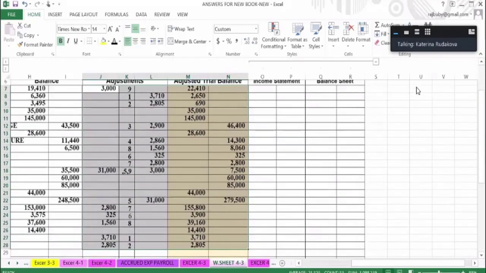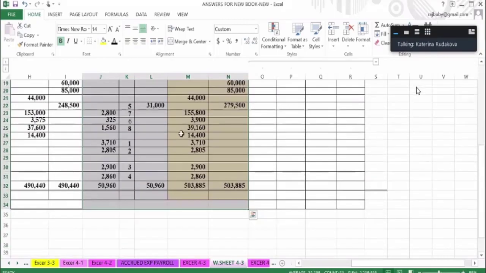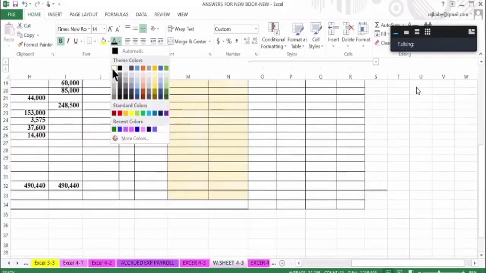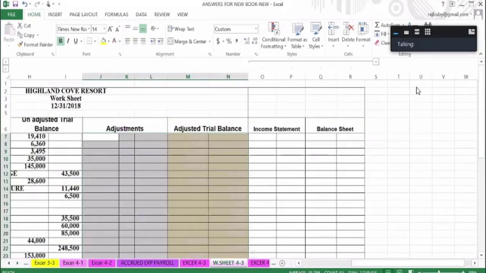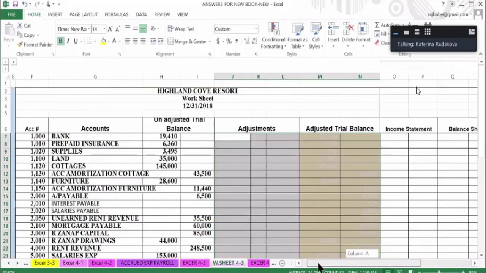I'm searching for it. Yes, in the worksheet you have, I think, right? You don't have it? If you could name the cell number, I cannot see it in the worksheet, exercise 4-3. Worksheet 4-3. Can you name the cell?